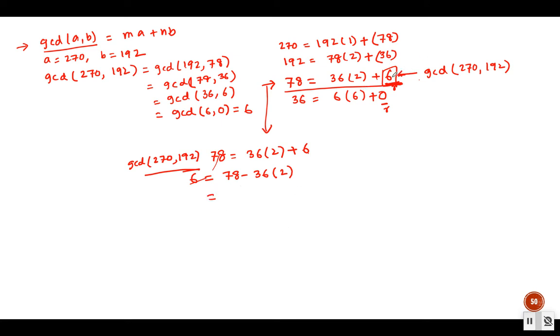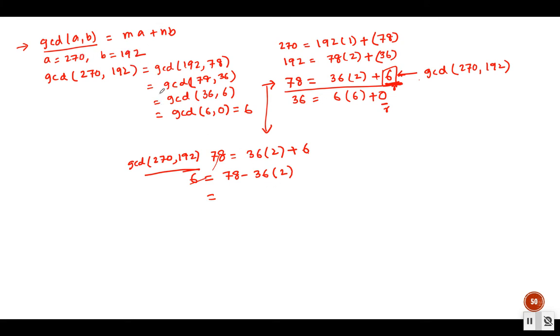From this line we can say that 6 equals 78 minus 36 times 2. I'm not going to verify all of them. I know from this equation this is true, and you can see that 78 minus 72 is 6. But I'm going to look at how many 270 I can find here and how many 192.